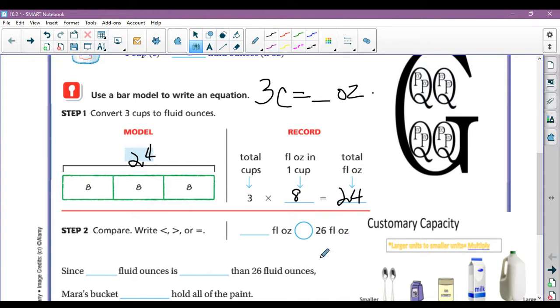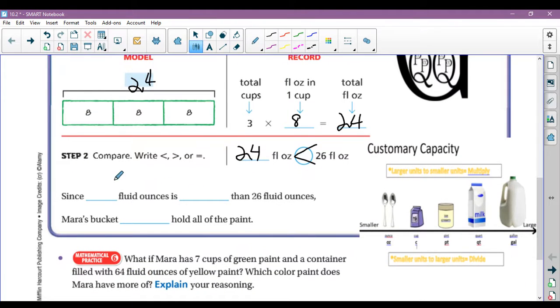All right, so now we need to compare. Her 3 cups equals 24 fluid ounces, and that is less than the 26 fluid ounces of the bucket. So since 24 fluid ounces is less than 26 fluid ounces, Mara's bucket is going to hold all the paint.